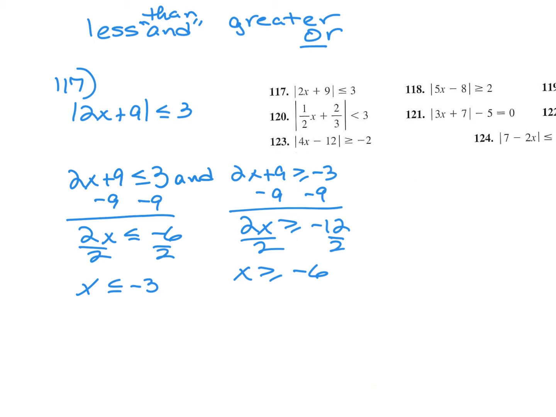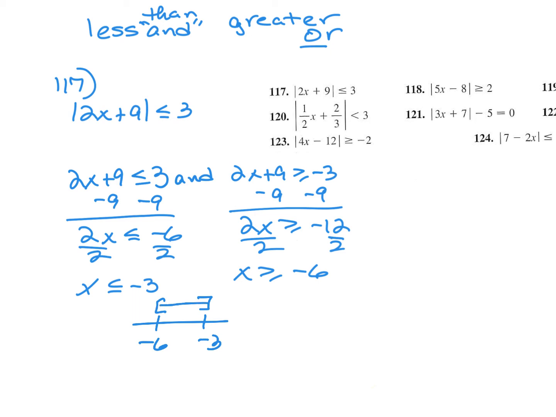So again, if you think about it on the number line, negative 6, negative 3, and if you wanted to graph it and see it, but again, remember it's an and, so it's going to be in between. So it'll be a bracket and a bracket in between here.